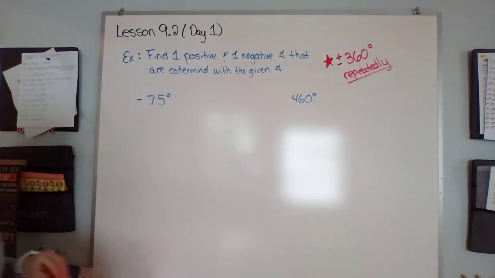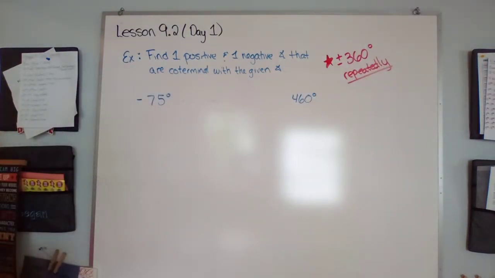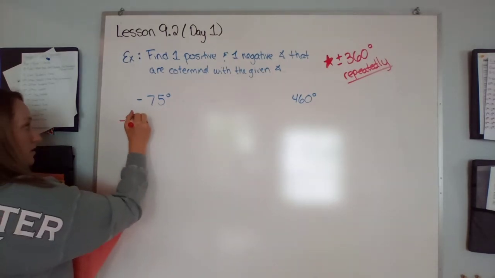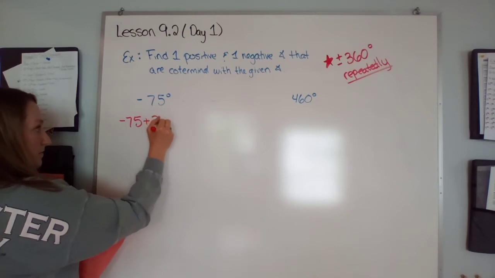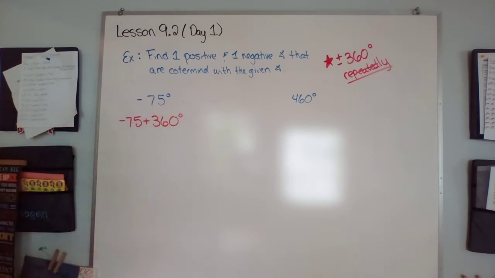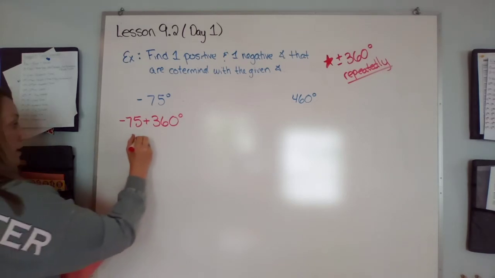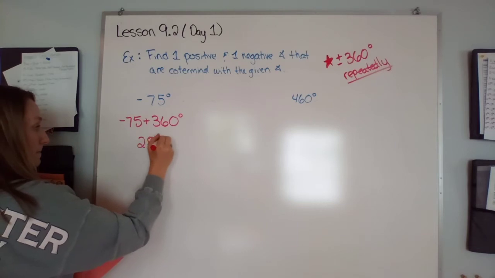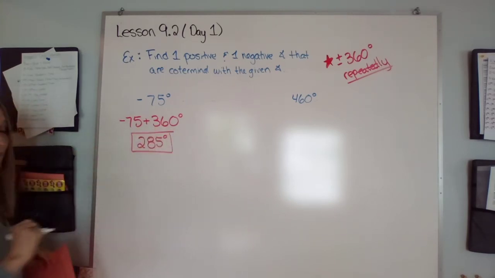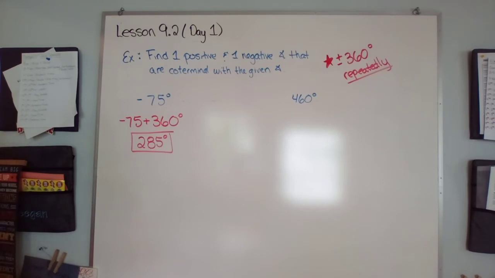Okay. So if I give you an angle of negative 75 and you add 360 to it, is that going to give you a positive angle measurement? It will. Okay, so negative 75 plus 360 gives you a positive 285. Now, if I wanted another positive coterminal angle, I could just add another full circle, another 360 to 285, but I'm only asking for one positive.